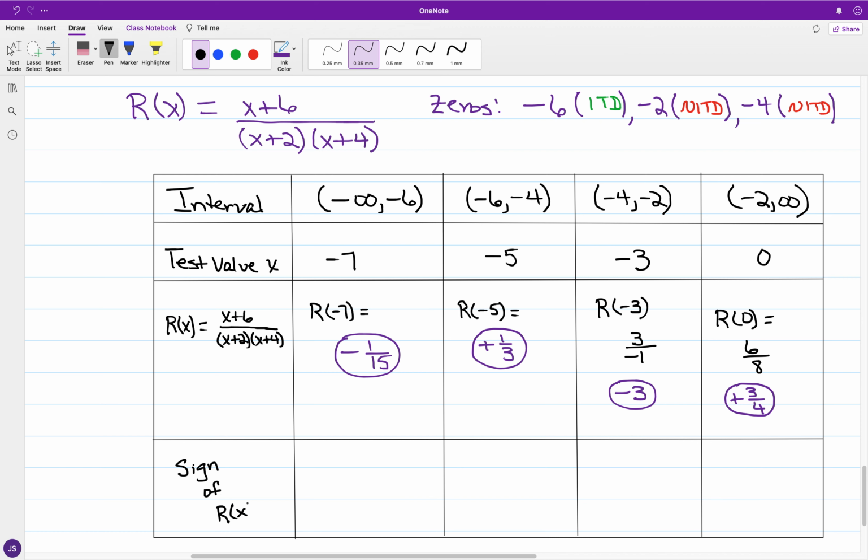Okay, so for the sign of r of x, anything selected for the input that is less than -6, the output is going to be negative. So we'll have r of x is less than 0, and then for the next we have a positive output, whereupon r of x is greater than 0, and then next we have a negative.